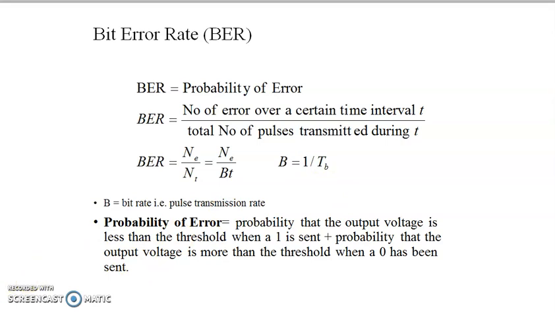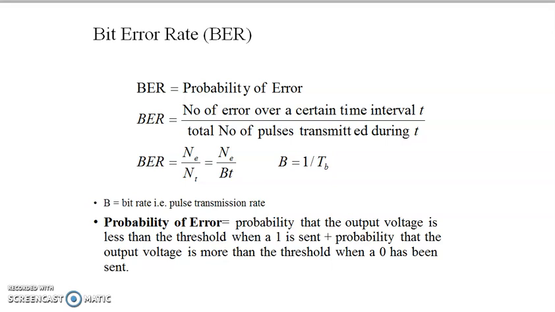Now, to obtain the bit error rate at the receiver, we need to know about the probability distribution of the signal received at the equalizer output, because we need to find out the probability of ones and zeros.